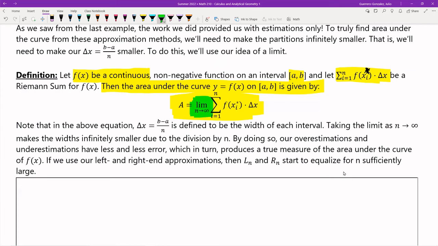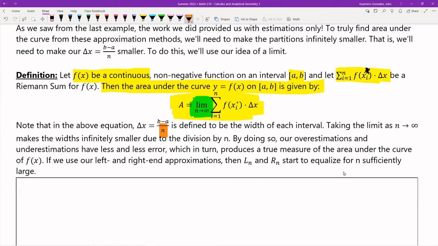So notice that the n is the same n from our delta x. What we're doing here is, the b minus a, my interval, is still going to be the same length. It's going to be a to b. But the n is getting infinitely bigger.